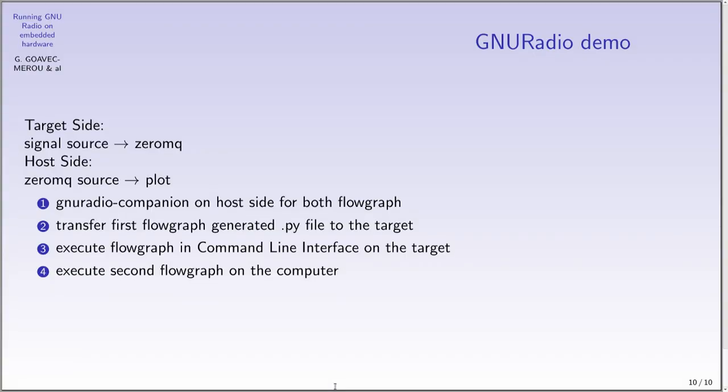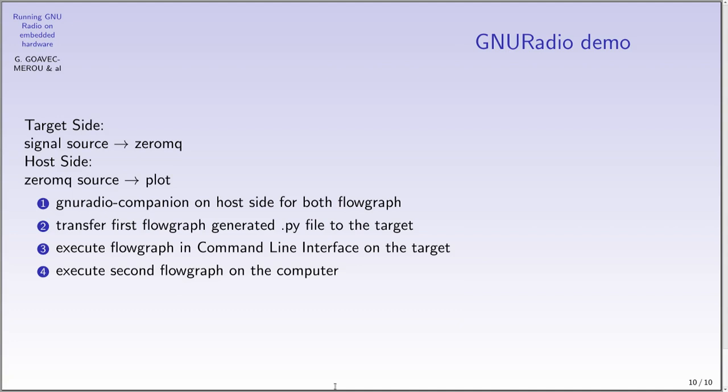The GNU Radio demo will show two flow graphs. The first one on your target side with a signal source to have a fake acquisition device, but instead of processing the data stream in the board, everything will be sent through the 0MQ to your host CPU, to just, in this case, use a Qt sink to display the signal source.